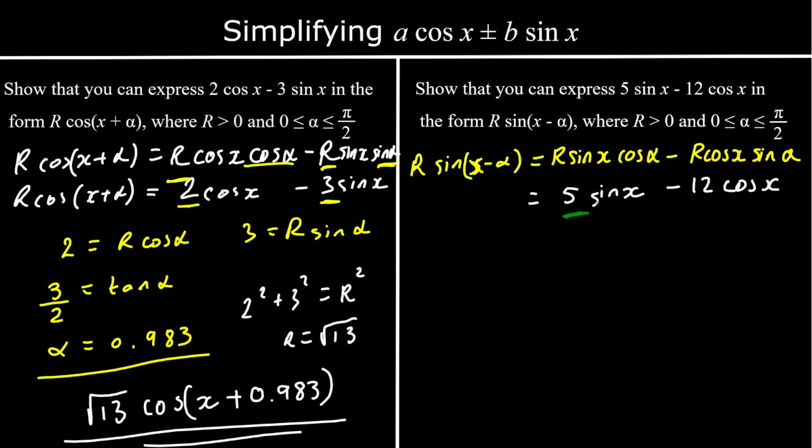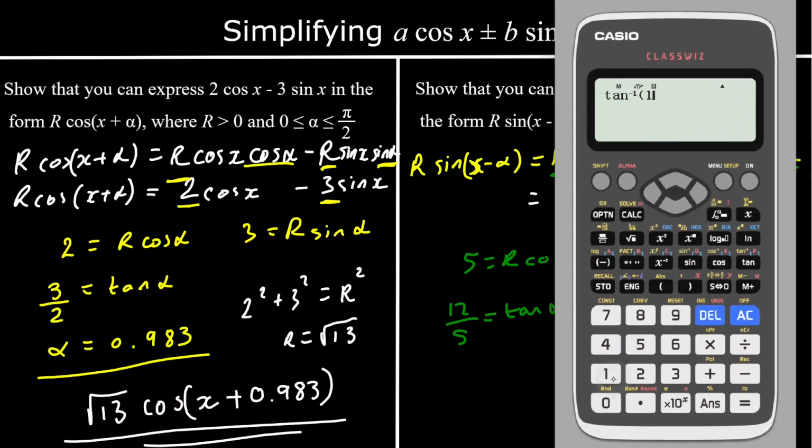So we can see that 5 is equal to r cos alpha, and 12 is r sine alpha. To find alpha, sine over cos. So 12 fifths is tan alpha.